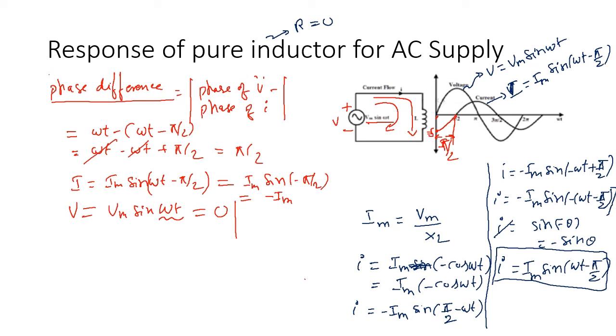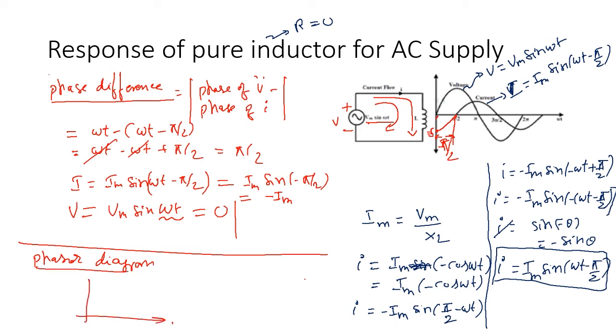I will also show the phasor diagram here. This one is the current and this one is the voltage, and this is the 90 degrees.